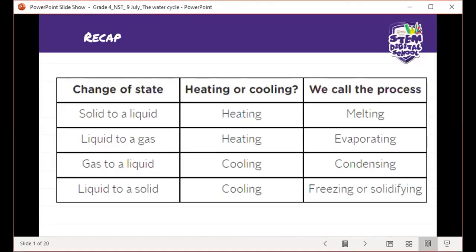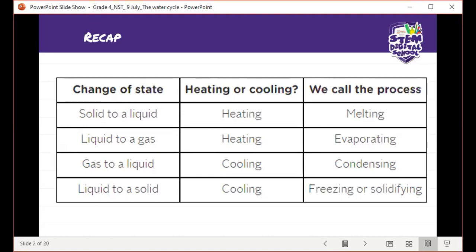All right, so guys, the past 2 days, we looked at change of state. We looked at how a solid moves to a liquid, and we said that it needs to be heated, and that process is called melting. We also need to heat the liquid in order for it to change to a gas, and that process is called evaporating.